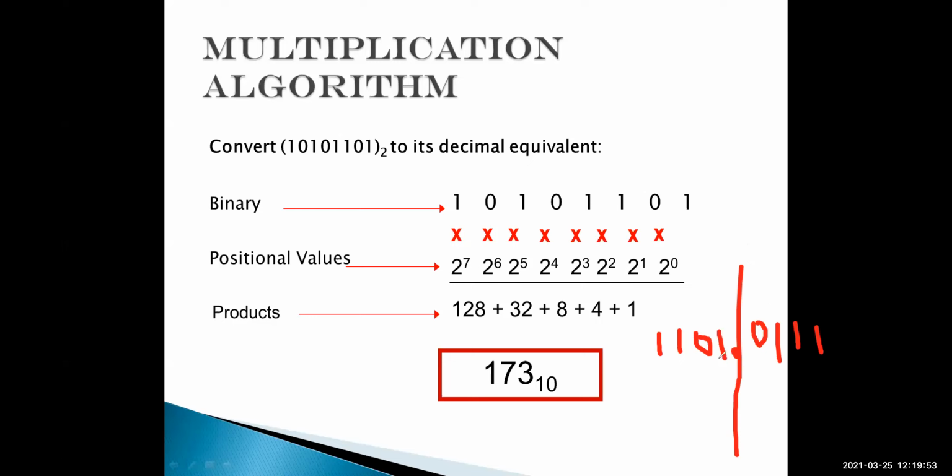In the left hand side it is the positive series, so I write 2 raised to 0, 2 raised to 1, 2 raised to 2, 2 raised to 3. In the right hand side the series goes with negative powers: 2 raised to 0, 2 raised to minus 1, 2 raised to minus 2, and 2 raised to minus 3.